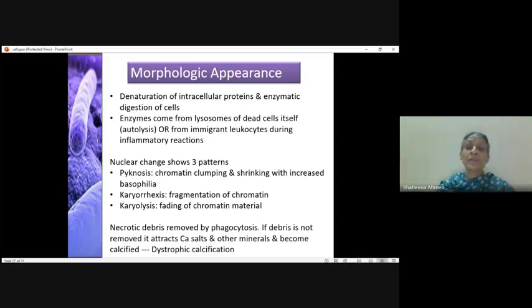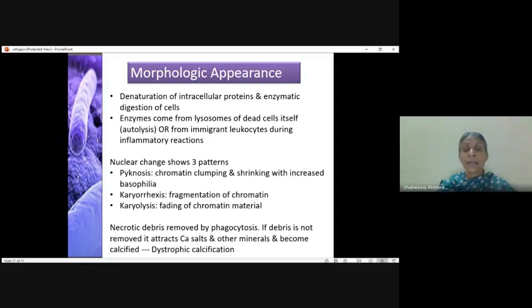Also the WBCs, which will be attracted towards the injury site, release their lysosomal enzymes and they too will start phagocytosing and degrading. So at this stage there is autophagy and heterophagy. Both things start simultaneously.